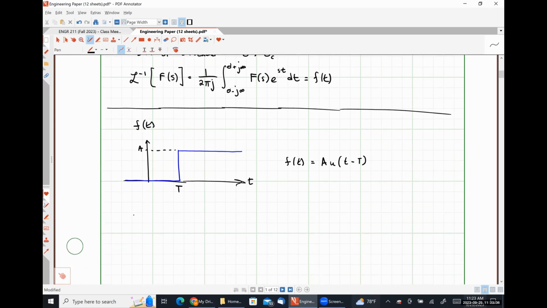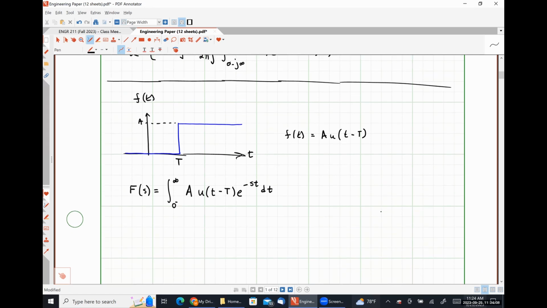So the Laplace transform of this function is going to be the integral from 0 minus to infinity of a times u of t minus capital T, e to the negative st dt. A is a constant term, so we could move that to the outside.